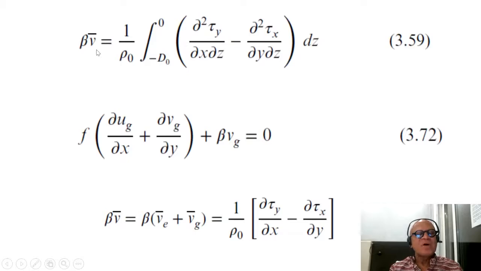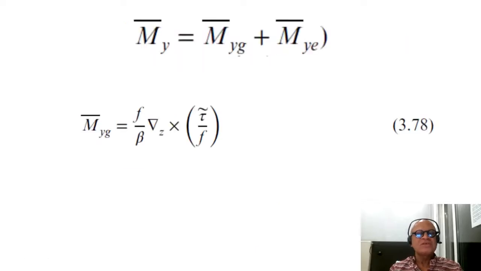Writing beta v bar now as a sum of Ekman plus geostrophic currents, we can relate that to 1 over rho 0 of this wind stress curl, d tau y dx minus d tau x dy. So we're just manipulating simple things.